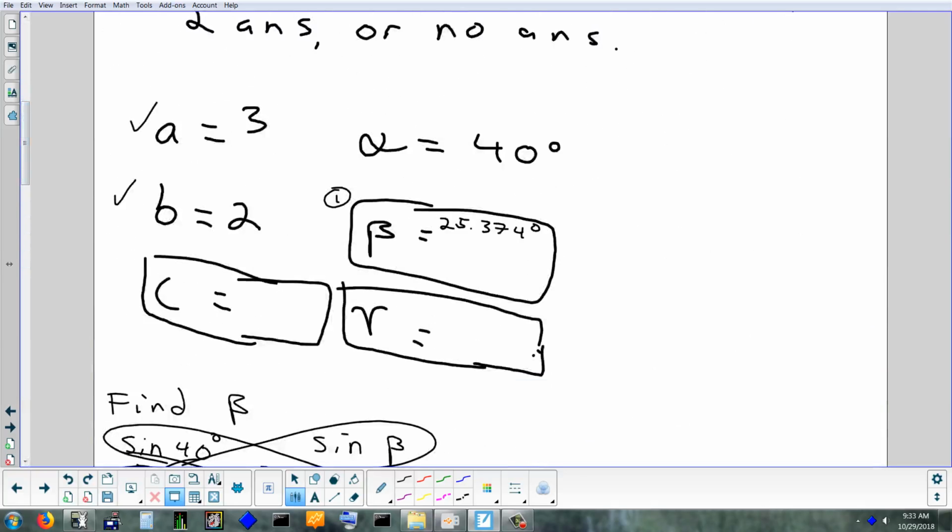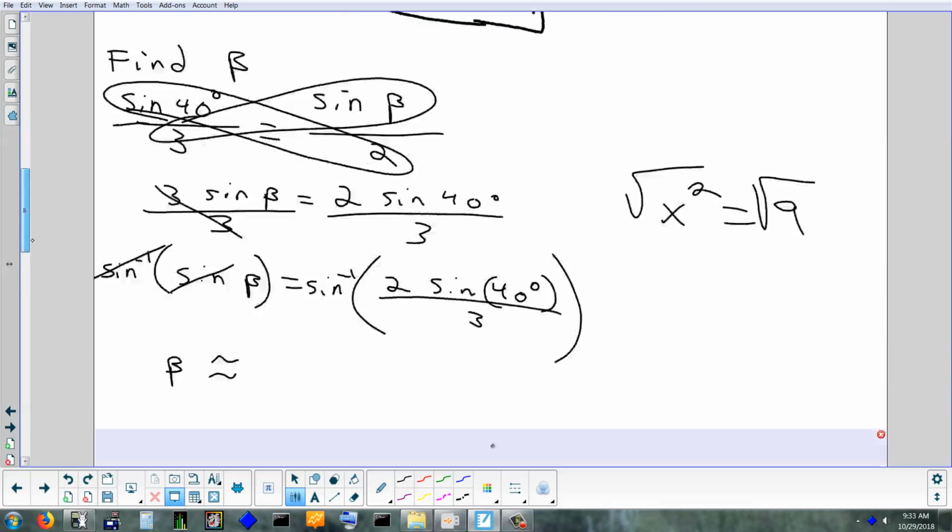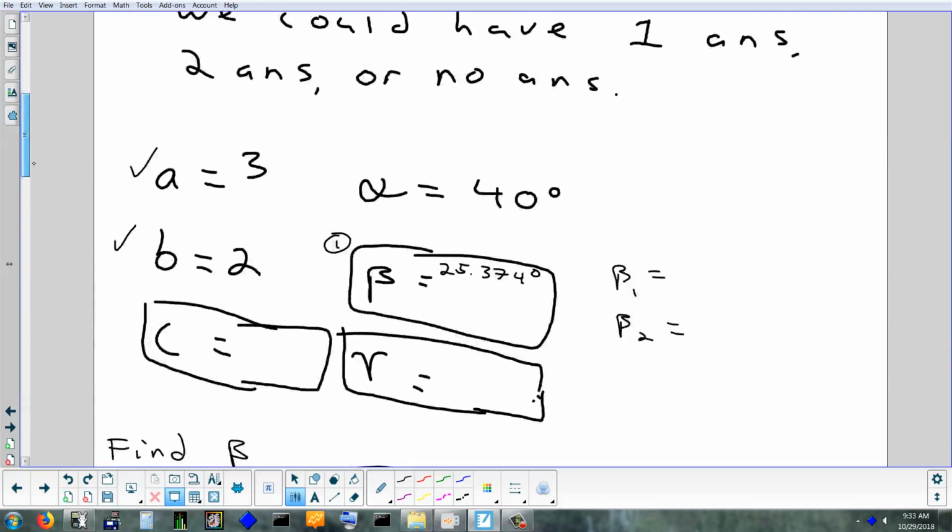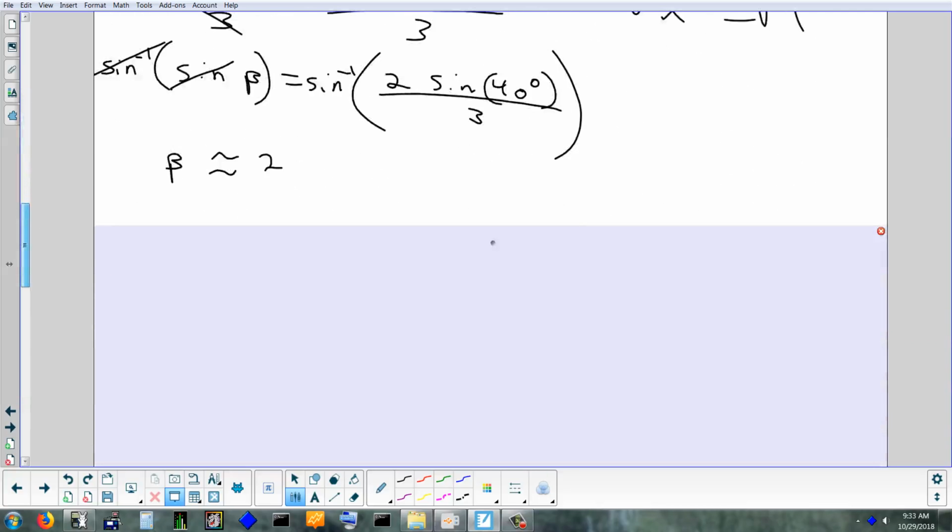I'll just put it down lower in the box. And then what I'll do is call the first one beta 1 and the second one beta 2, only if there's a second solution. I'm going to check right now to see if there is one. So I put it up here, 25.374. You can put it there if you want to. Doesn't matter.